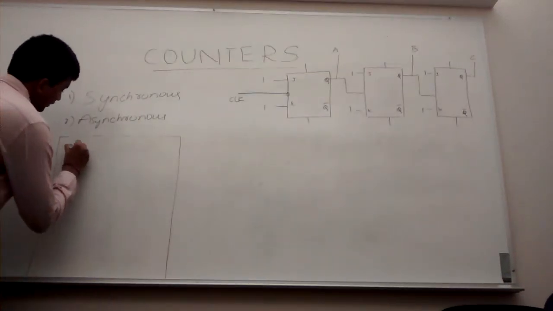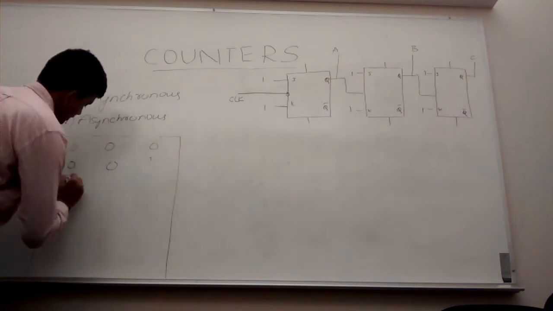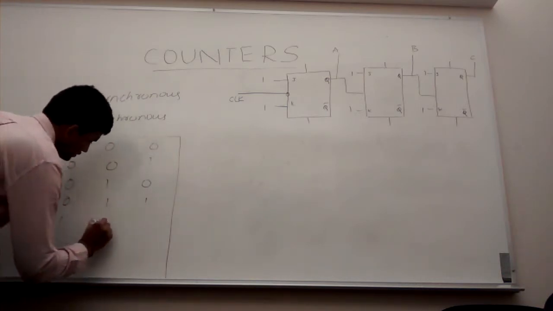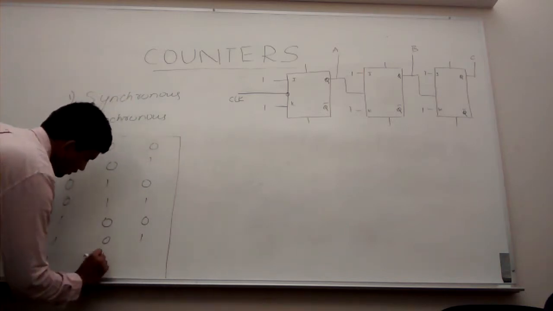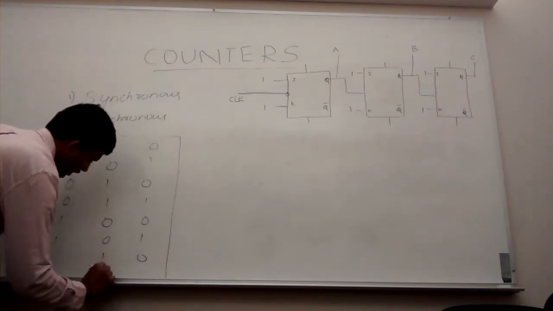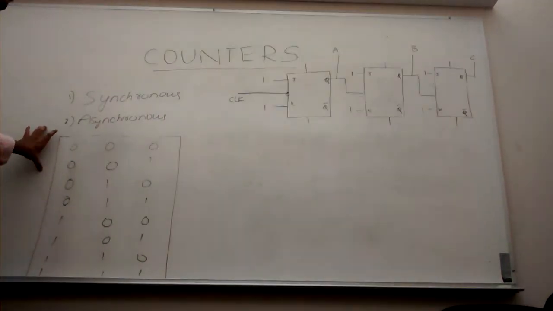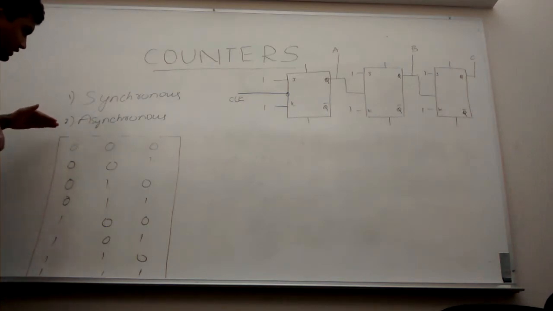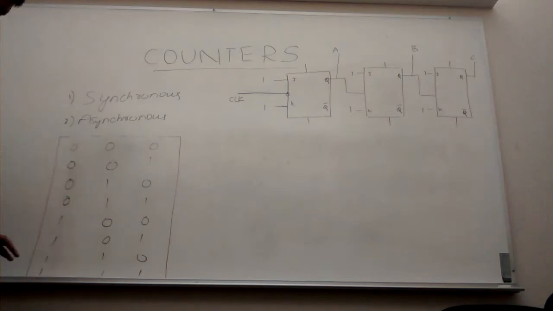So let us quickly write the truth table: 000, 001, 010, 011, 100, 101, 110 and 111. So here if you observe, this is a 3-bit counter and the output starts at 0, you get 7 and it comes back to 0 after 7.